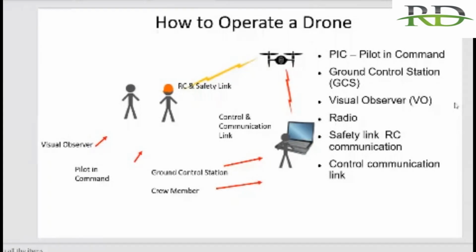We can observe where the drone is flying and its pattern, and we can see the obstacles using both the visual observer and the pilot. That's why the drone flies at some height while we operate it with the RC.